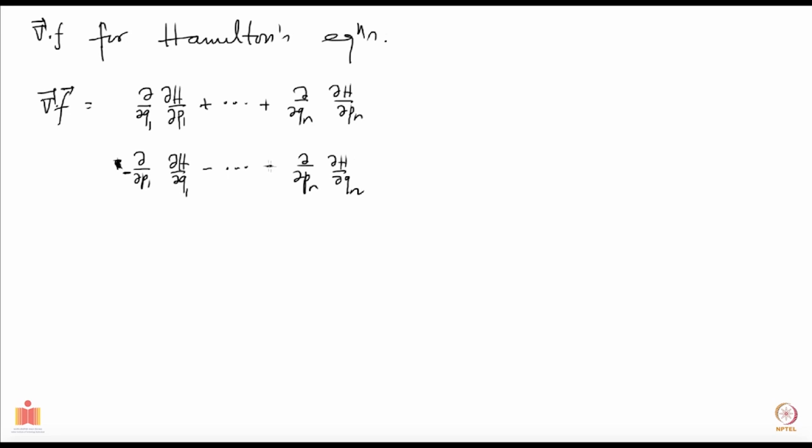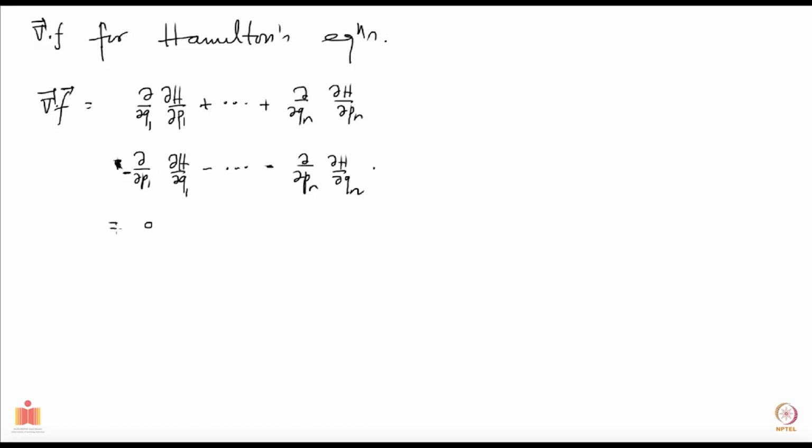Okay, that's all you have. So H is being differentiated with respect to q₁ and p₁, and here also the same thing, and the order does not matter, and there's a relative sign, so these two will give you 0. Similarly, all the other terms will also cancel pairwise and will leave you 0.